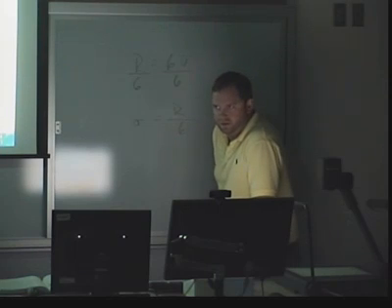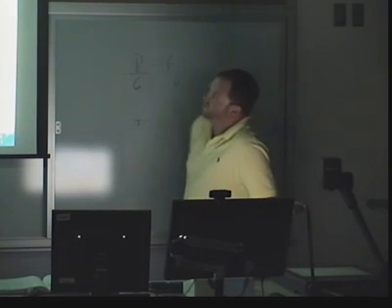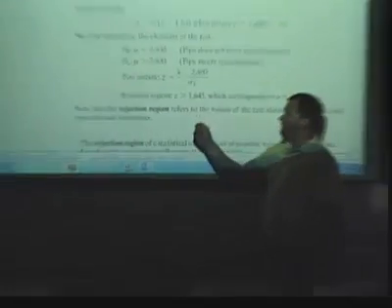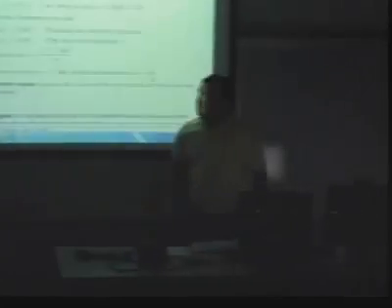Does that value fall in our rejection region? Remember, where was our rejection region for this question? If we get a z value that's greater than 1.645, then we reject H naught and accept HA, right?